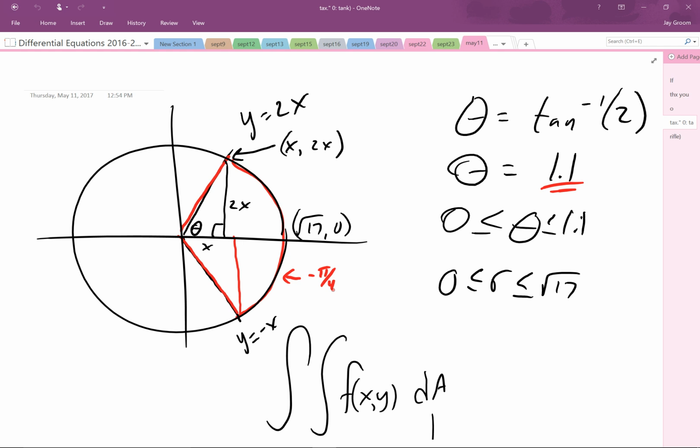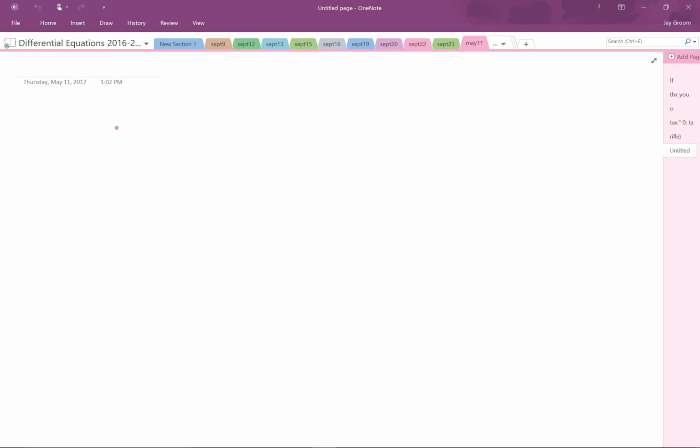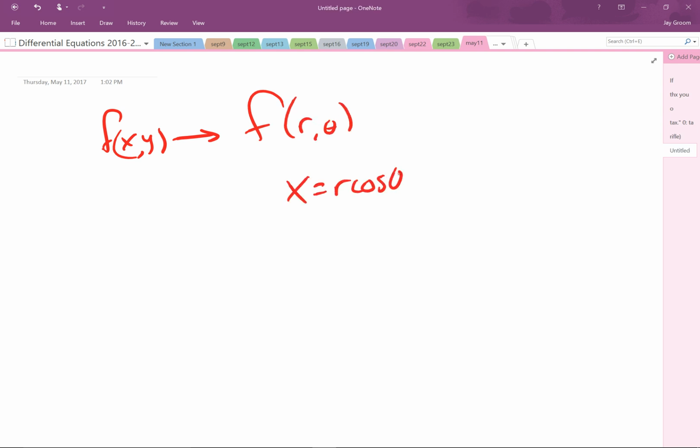So again, the steps are you're going to have some function of x and y. You're going to make that a function of r and theta. And you're going to do that by replacing this with this, and this with this.